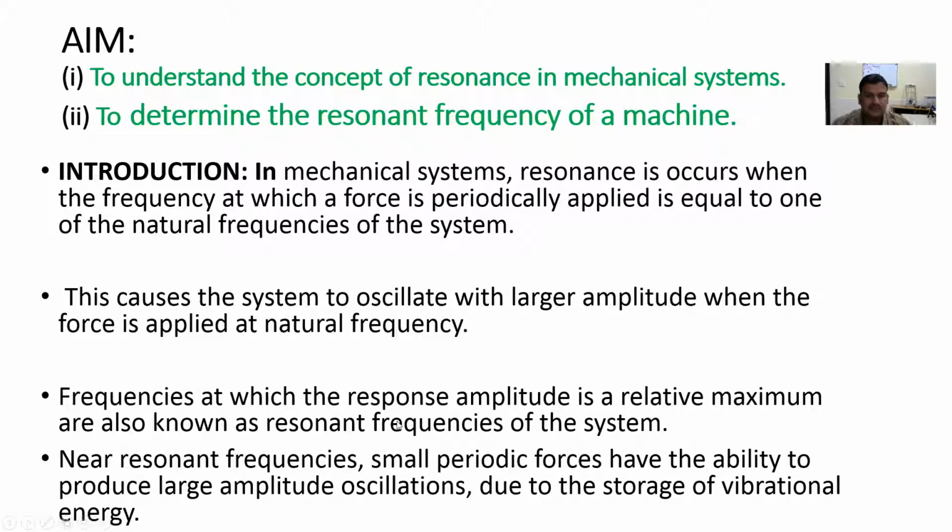This causes the system to oscillate with larger amplitude when the force is applied at natural frequency. The frequencies at which the response amplitude is a relative maximum are also known as the resonant frequencies of the system.